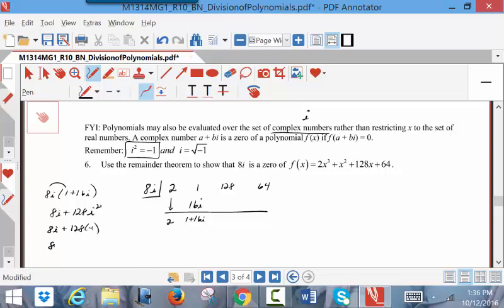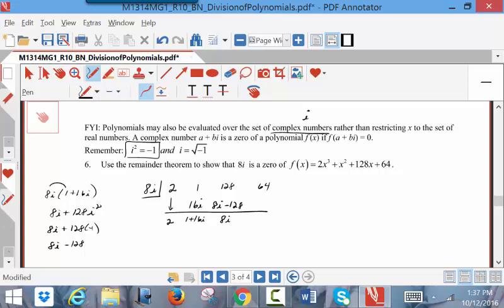So really this is 8i minus 128. Okay, so when I multiply, I get 8i minus 128, which is pretty convenient because when I add that column, I'm going to get 8i, right? Because the 128 minus the 128 knocked each other out, and then I just get the 8i.